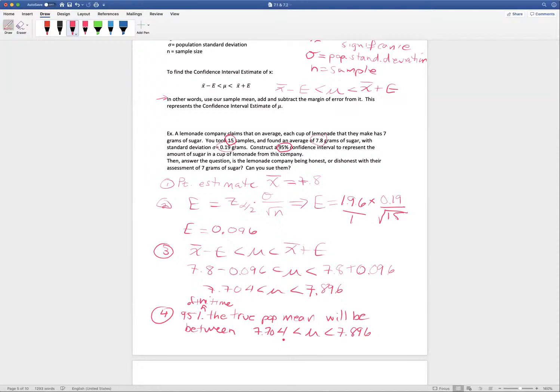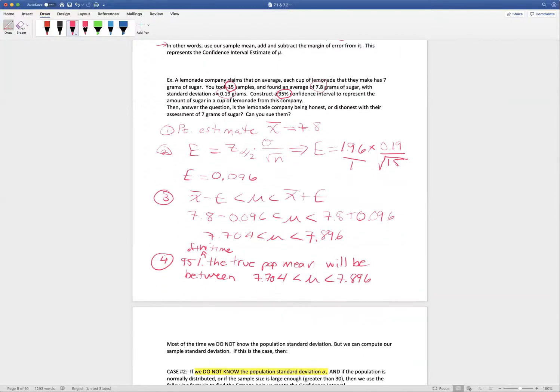So that means if we were to run this statistical test 95 out of 100 times, the average cup of lemonade will have between 7.704 grams of sugar and 7.896 grams of sugar. So what does that mean? Well, let's go back and compare it with this statement over here.